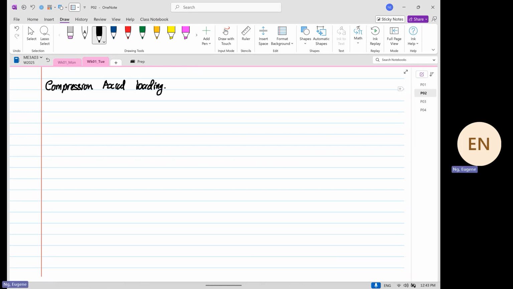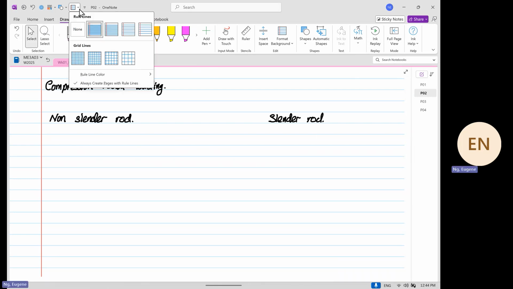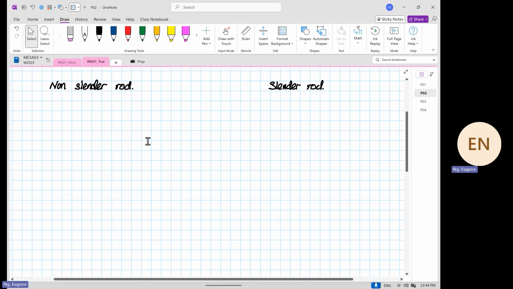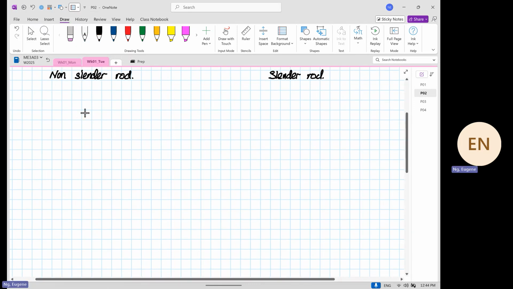On the left-hand side is a non-slender rod. On the right-hand side, we have a slender rod. And I'll show you what is the difference between a slender rod and a non-slender rod. So on your left, this is the non-slender rod.